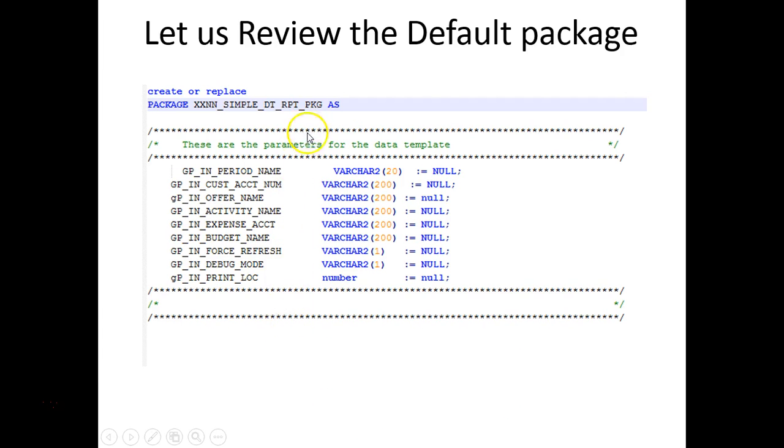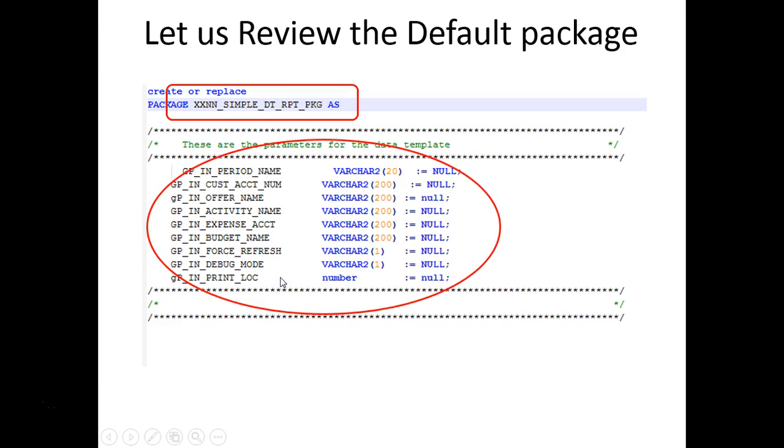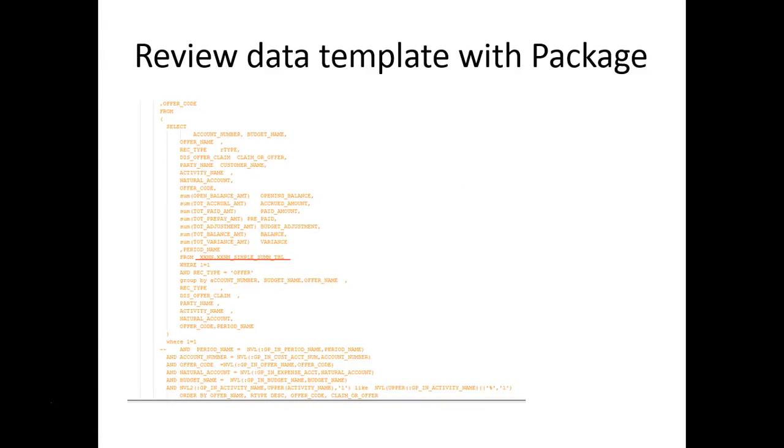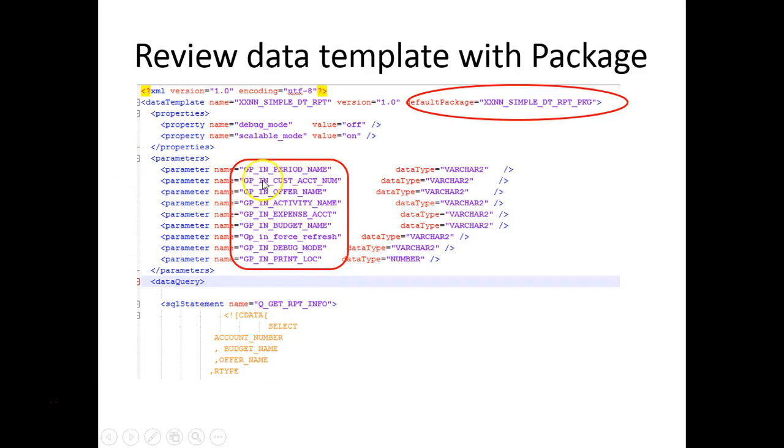So let's look at the default package that's being used. If you notice, these global parameters or these global fields are being used within the template. Let's go back to the template. You can see these parameters are used.